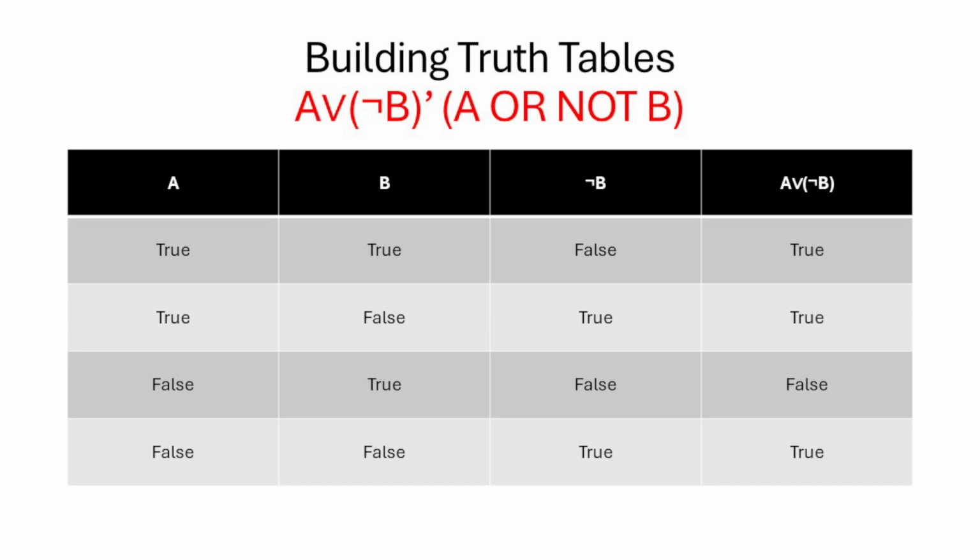So hopefully that made sense. But the truth table makes it really easy to evaluate these statements for what they are, and do so in a way that cuts through the noise and the ambiguity of natural language, and it doesn't worry about the actual content.